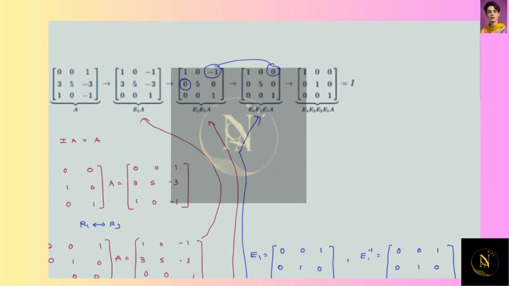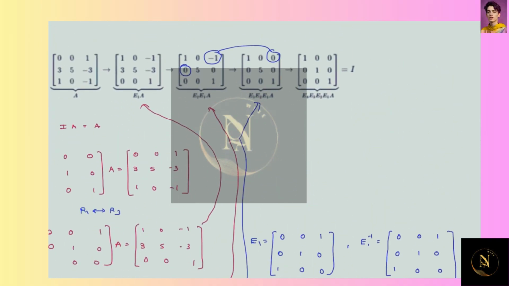Right, now for the last matrix on the right hand side we have an identity matrix, and here we have a 5, right? So to convert into identity matrix, we need to divide the second row by 5, right?